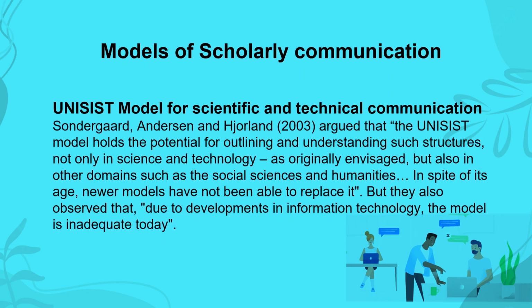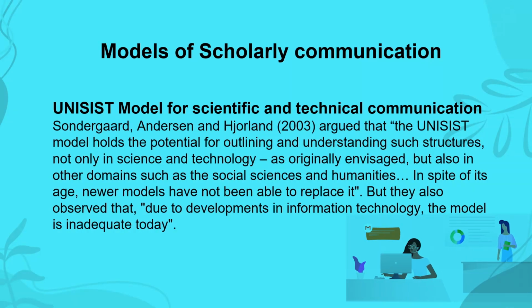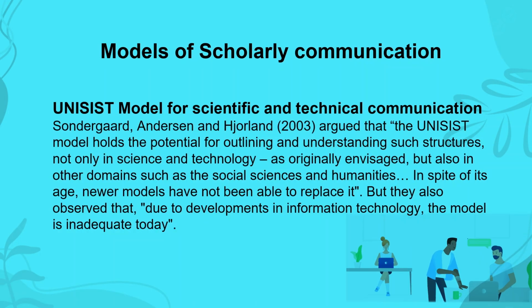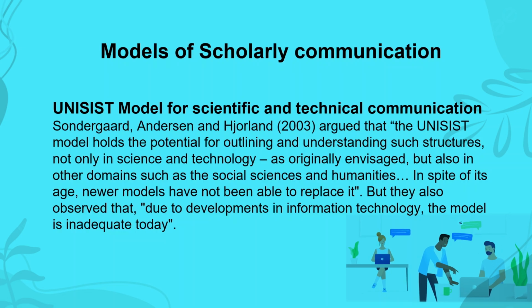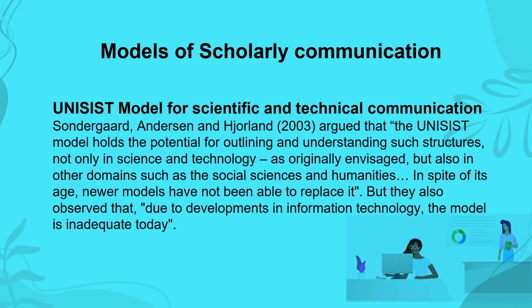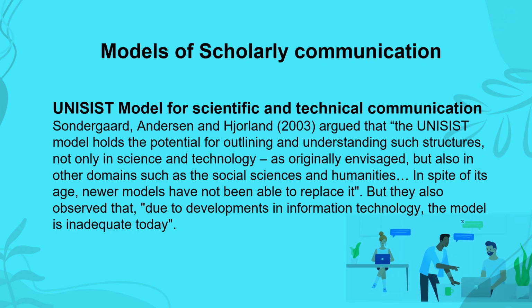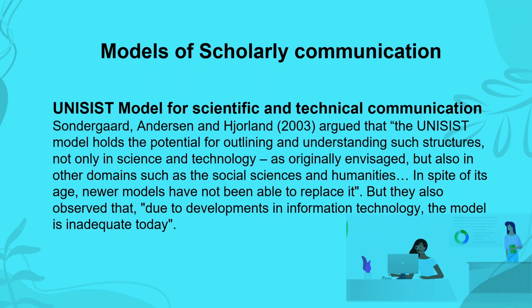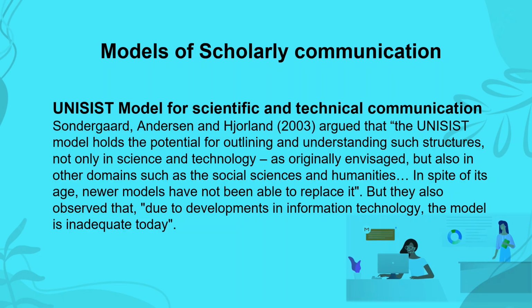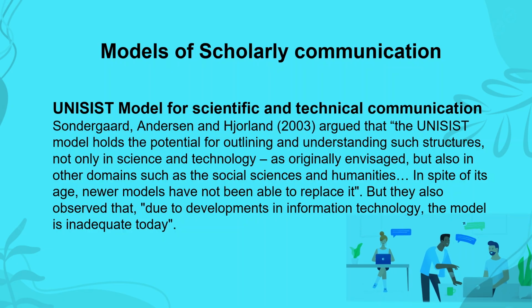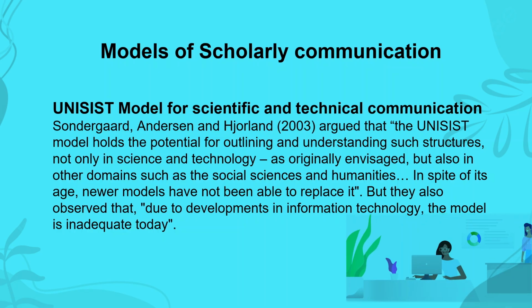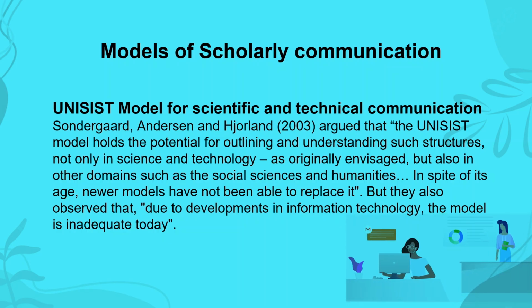Sondergaard, Andersen and Hovland argued that the Unisist model holds the potential for outlining and understanding such structures not only in science and technology as originally envisaged, but also in other domains such as the social sciences and humanities.